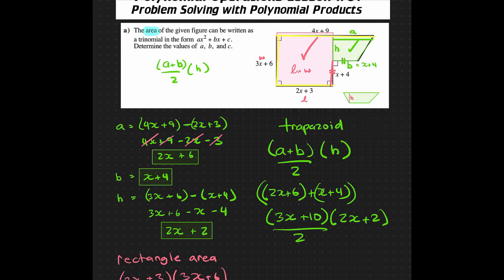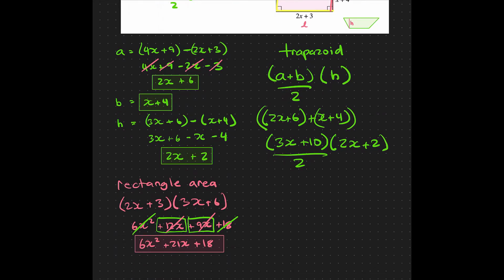Okay, now remember, I can do this in any order that I want, but I'm recognizing right here that 2 does not divide into 3 evenly, but it does divide into 10. So this is going to leave me with a fraction to work with. So I'm going to try multiplying it together first. So I'm just going to, again, use FOIL.